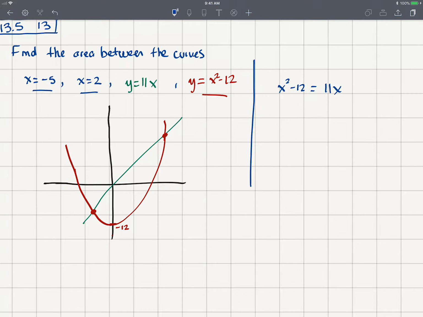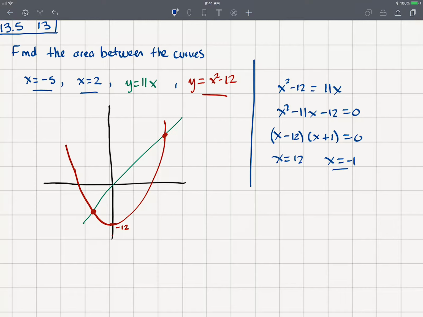When you solve it as a quadratic, you get this. You can use the quadratic formula, but of course you can also just factor. This is x minus 12 and x plus 1, I believe, right?